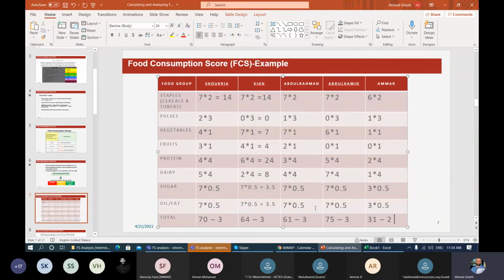Amar is borderline, so you can see some families are consuming less or more food, but maybe this family consuming a 64, which is well above 42, is taking certain steps to prioritize members of the household, or they're selling assets, and it's not a sustainable thing.